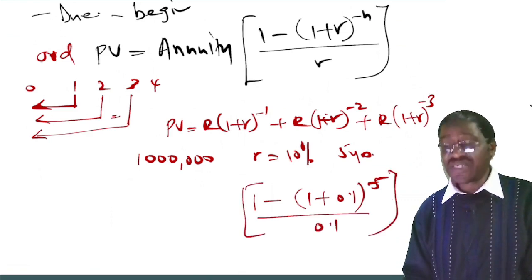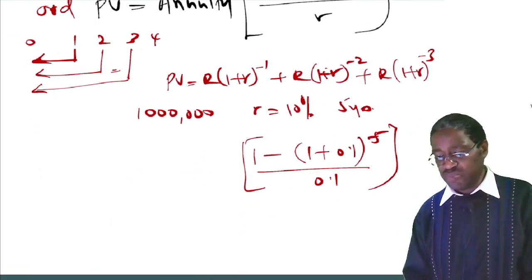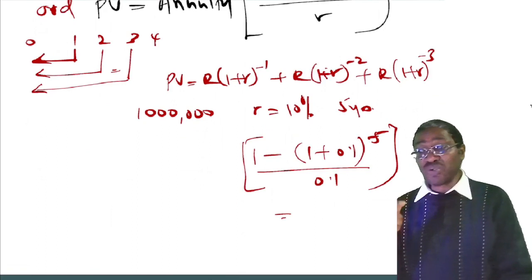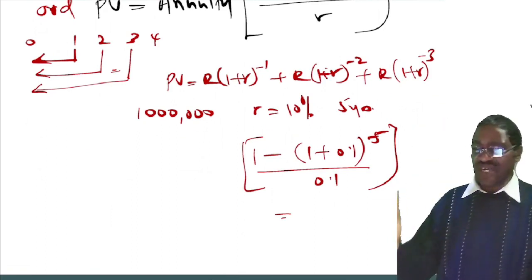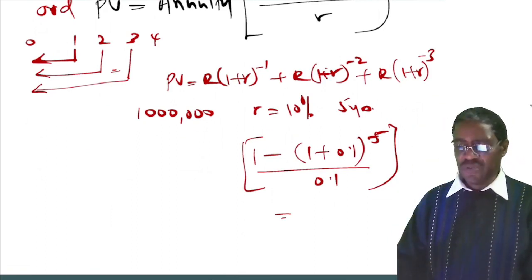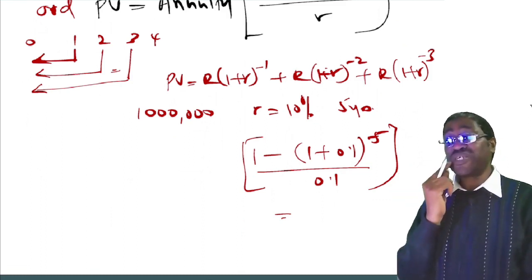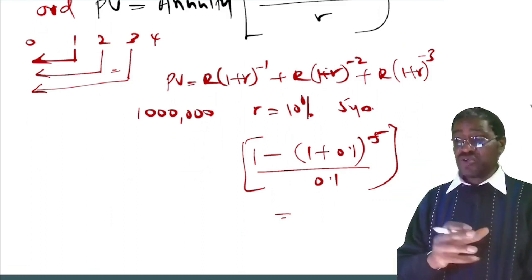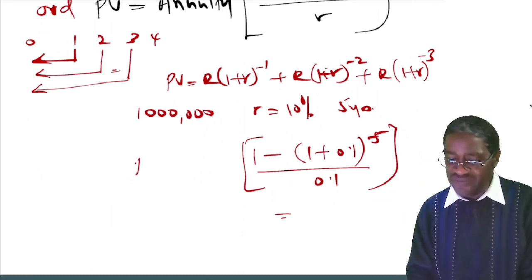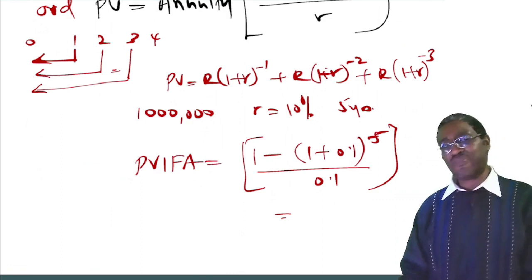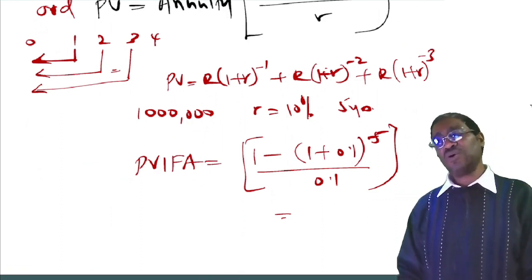That will be my discounting factor. What will it be? I am looking for the discounting factor. If every end of the year I'm receiving 1 million, it's an annuity. What will be the present value now? So you get what we are calling the present value interest factor of annuity.